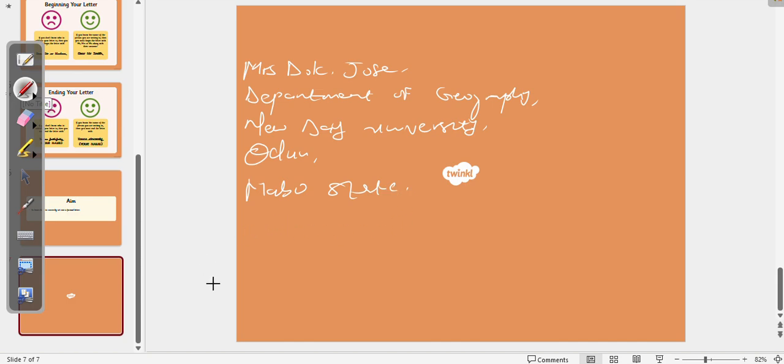Then the full stop. My writing can be a bit strange, so I will try to be as careful as possible. So this is an example of a recipient address.